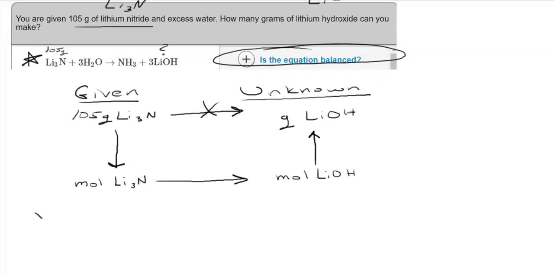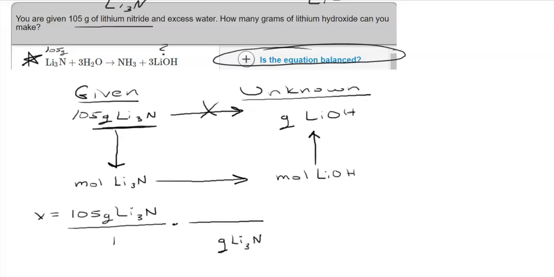So as always, X equals given over 1, 105 grams of lithium nitride. Make sure you include the substance. That matters. Times sign and a line. I need grams of lithium nitride to cancel, so it goes on the bottom. I'm trying to get from grams to moles of lithium nitride, so that will go on the top.